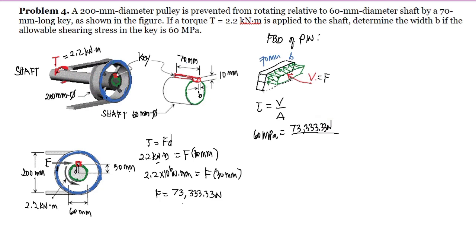Since this is a shear force, the area to be considered is the area parallel to the shear force. In this case, this is the area that we will consider, and that is 70 mm multiplied by B.